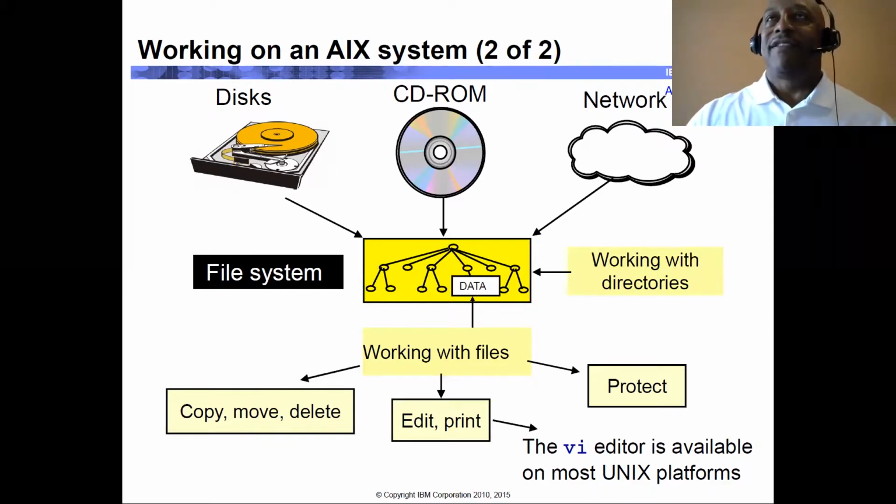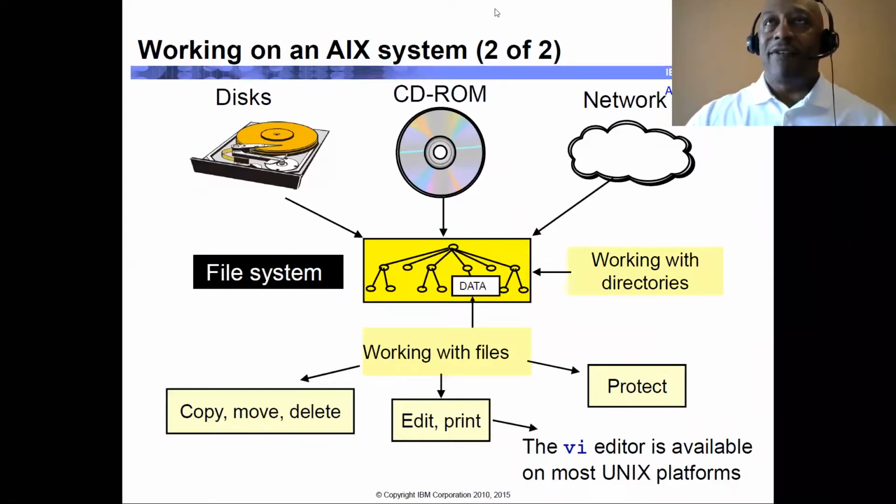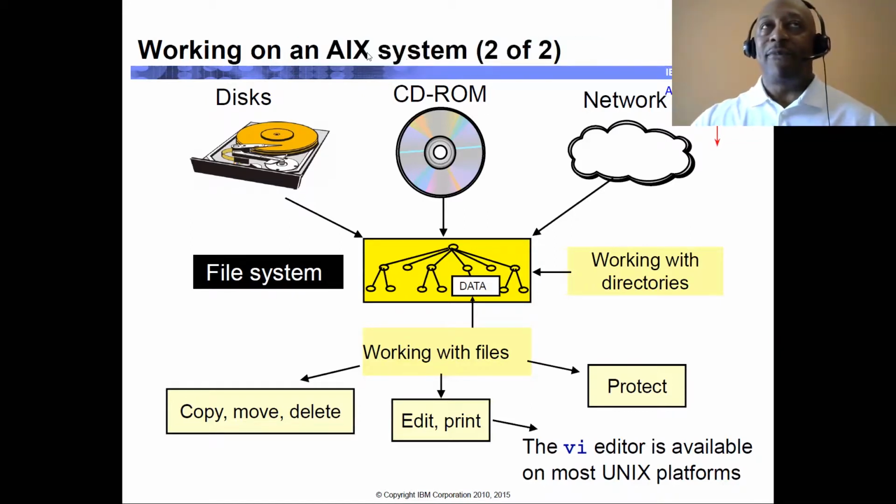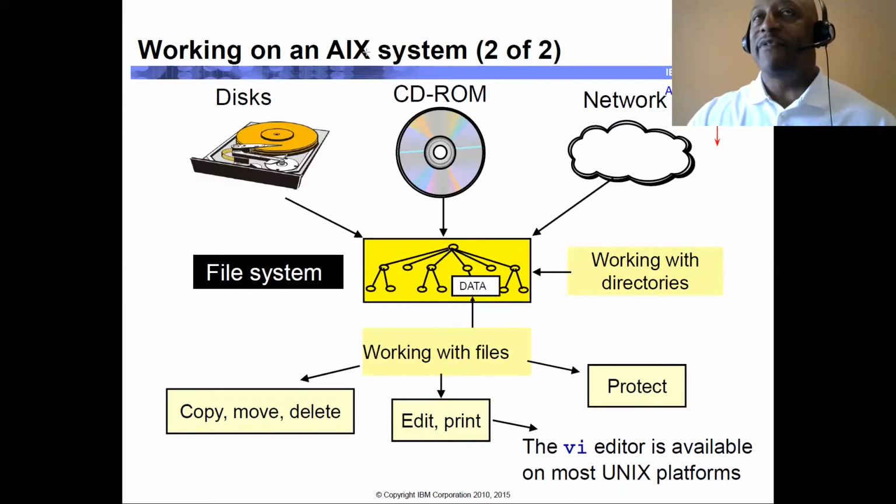Now, all storage within our AIX environment begins with the volume group, what we call a VG. I'll draw my arrows here as I go along. Within a volume group, we'll have one or more physical disks, which we refer to in our environment as physical volumes.